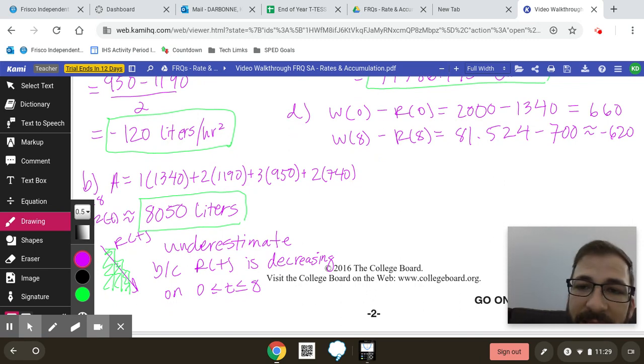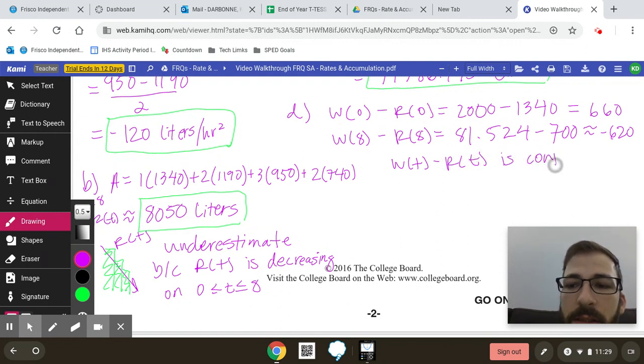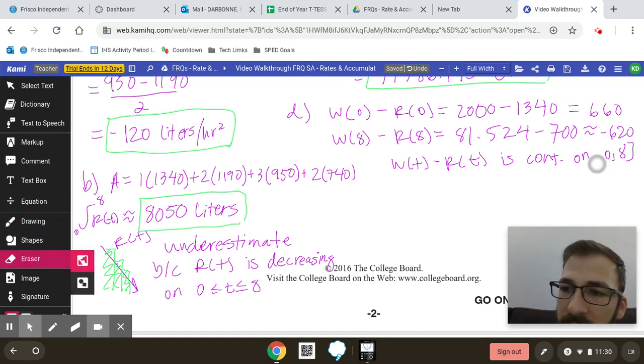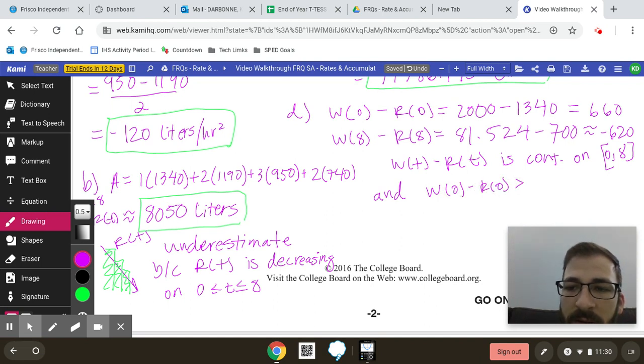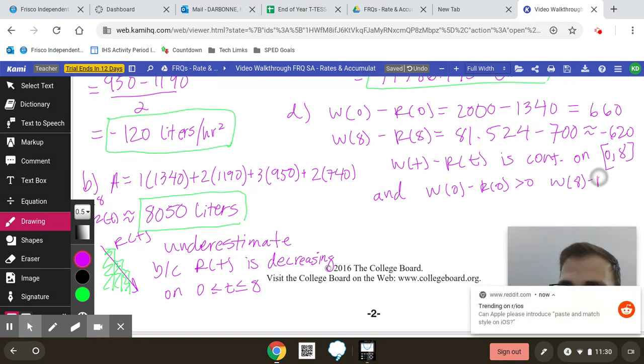So we'll say that W of t minus R of t is continuous on 0 to 8, closed interval. And W of 0 minus R of 0 is greater than 0, and W of 8 minus R of 8 is less than 0.